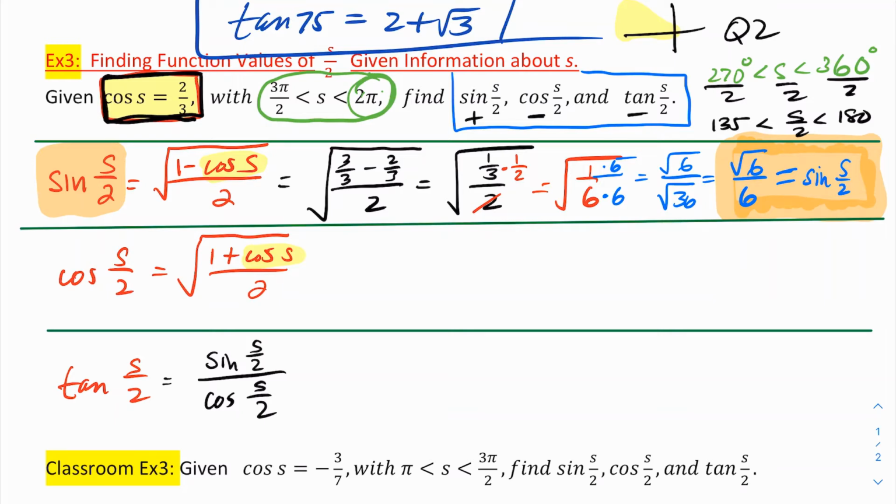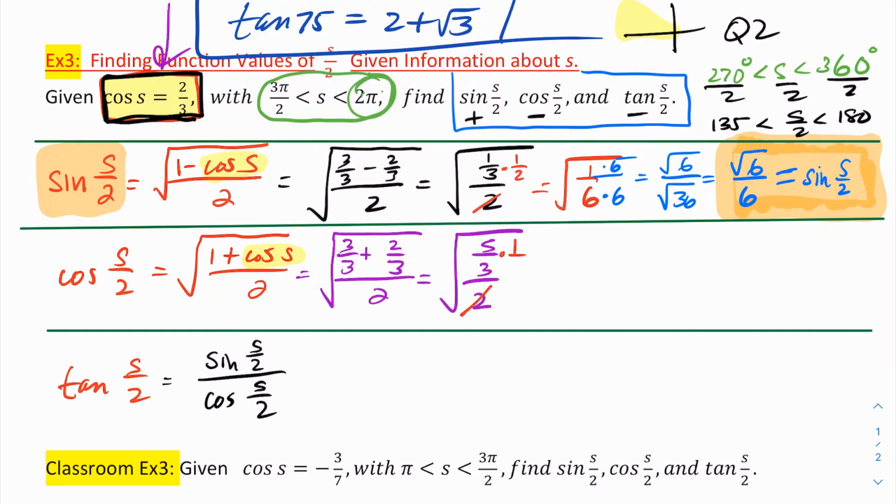So the half angle for cosine is going to be 3 over 3, because we want to do 1 plus 2/3, that's what cosine of s is, because that's given, over 2. So now we have the square root of 5/3 over 2, which is the same thing. To divide by 2 is the same thing as to multiply by a half. So now we have the square root of 5/6.